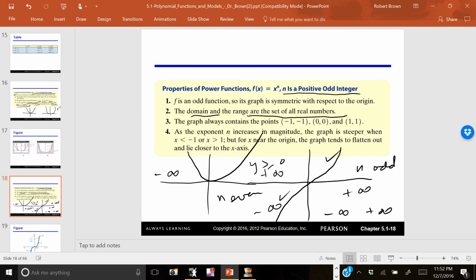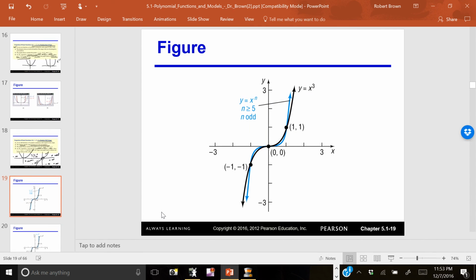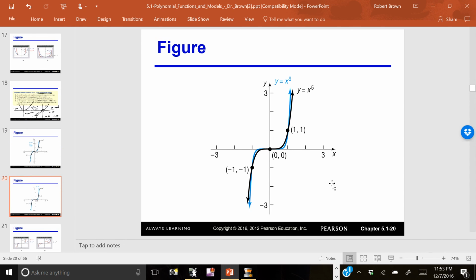You can verify that the graph always contains the points (-1, -1), (0, 0), and (1, 1). Again, as n gets larger near the origin, the graph will begin to flatten out. And that can be verified by plugging in various values of n for x to the n.